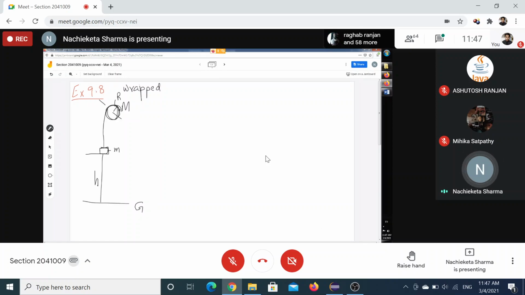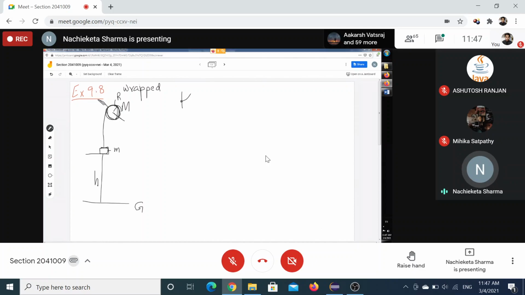Because it is fixed. It cannot do translational motion, and it can rotate about the horizontal axis only. So by virtue of its rotational motion, it possesses an energy which is called rotational kinetic energy.